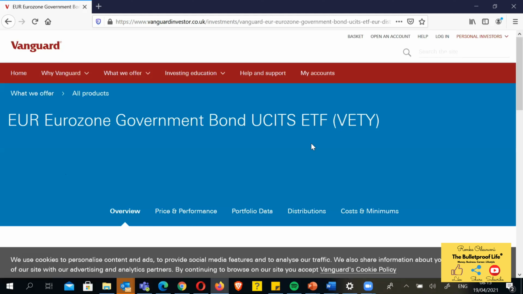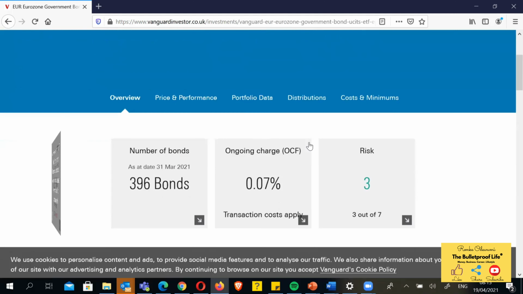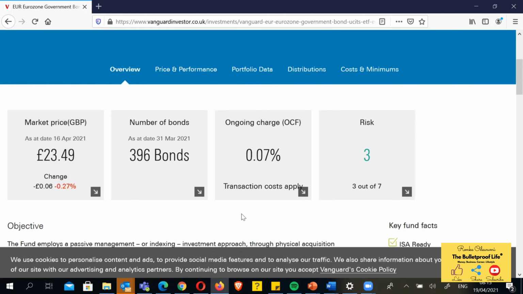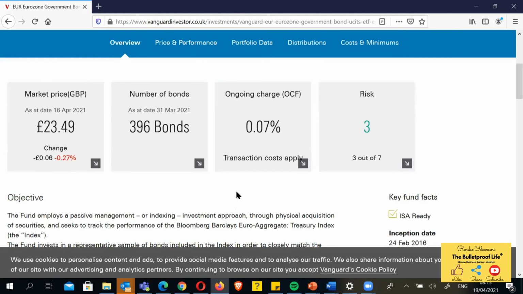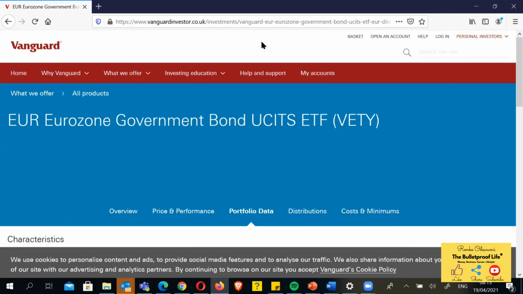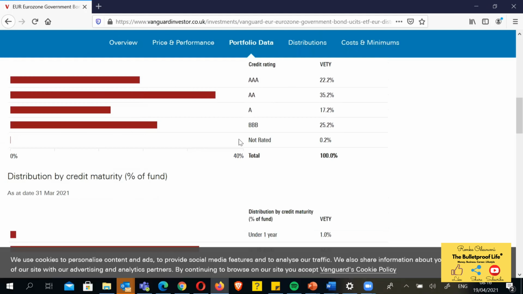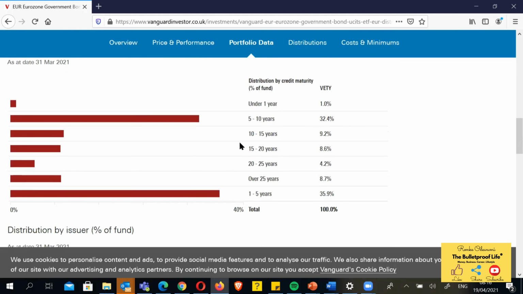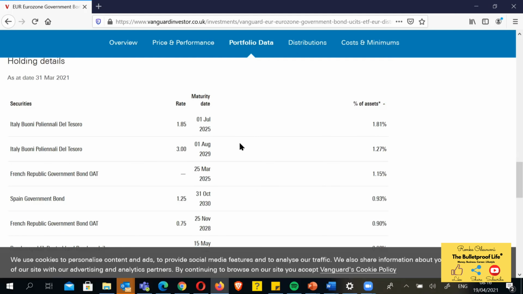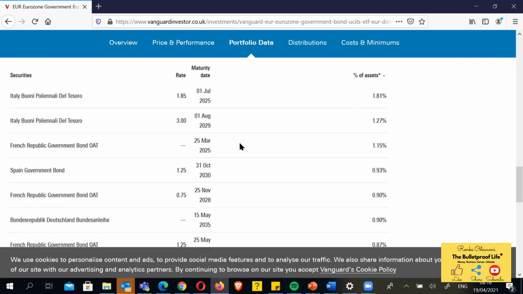And if I open up the EU Eurozone government bond, it's got 396 bonds in here. The prices are low, the charges are low, 0.07%. And the portfolio data should tell us a little bit more about it. Let me see. I'm trying to see what securities it holds.